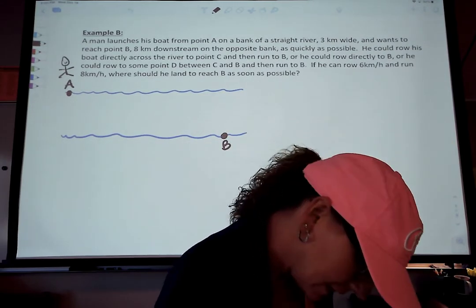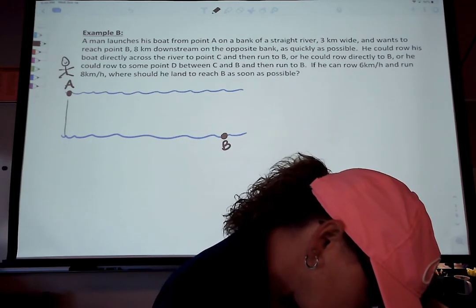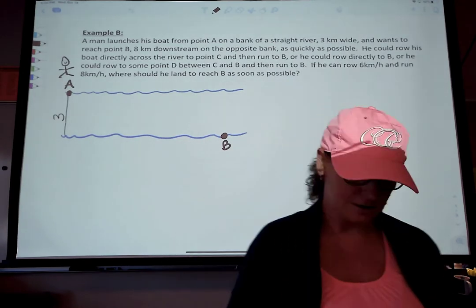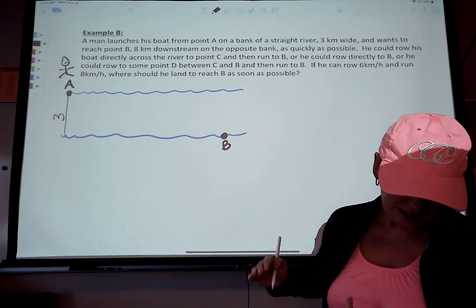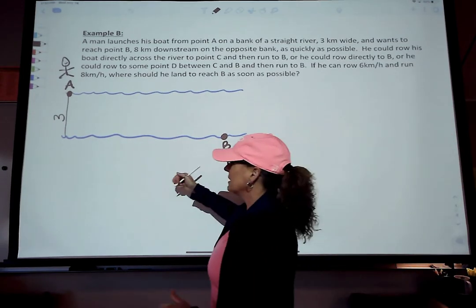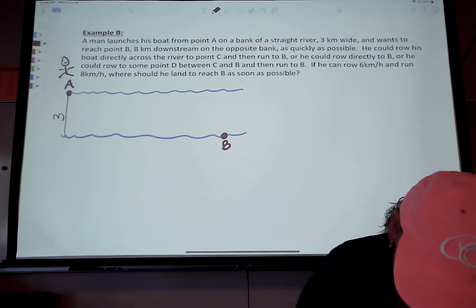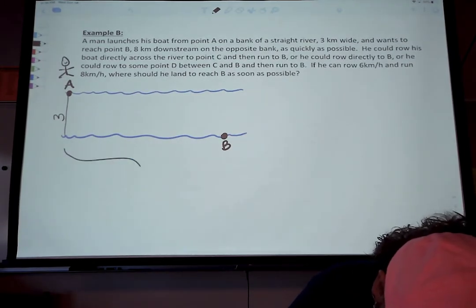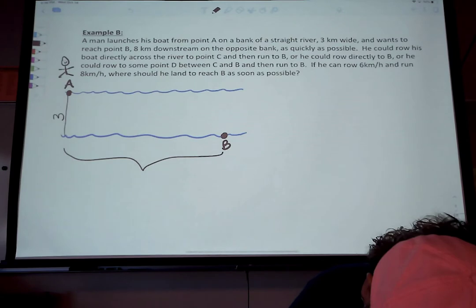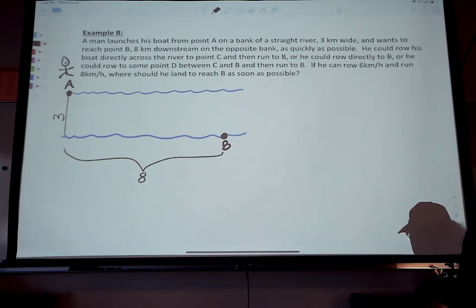The river is 3 kilometers wide. And point B is 8 kilometers downriver. So all this is 8.